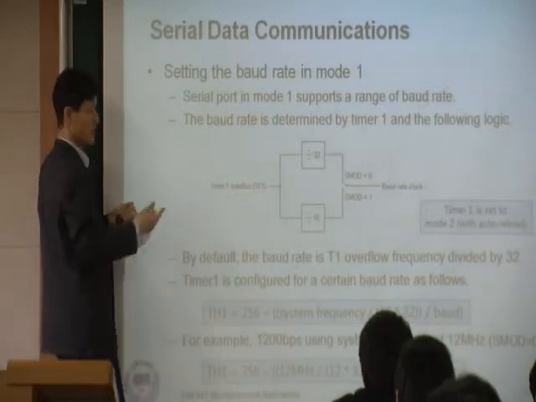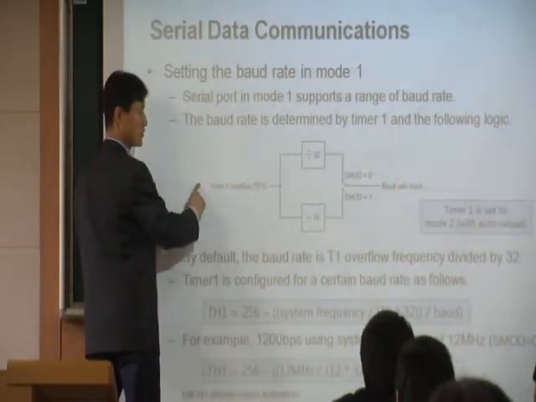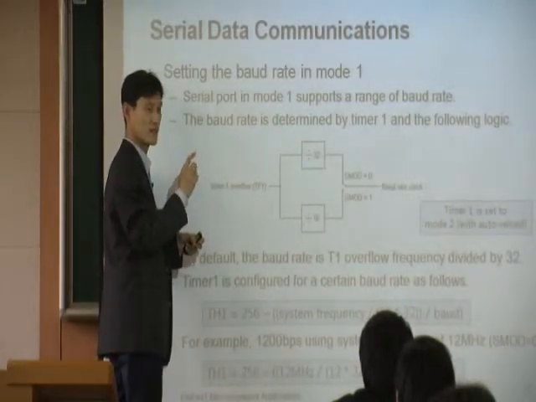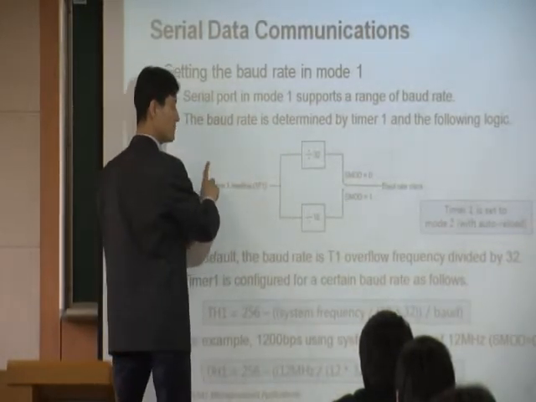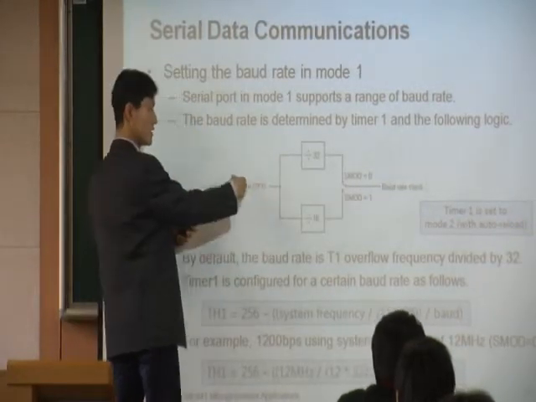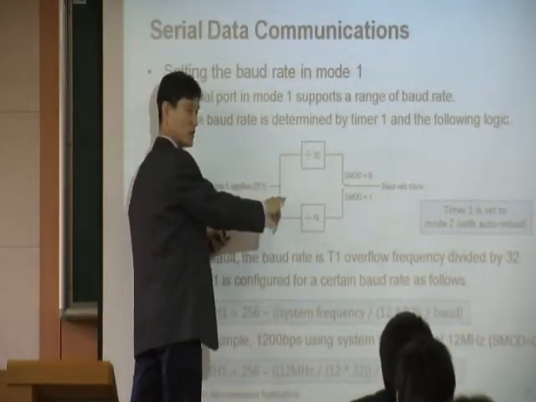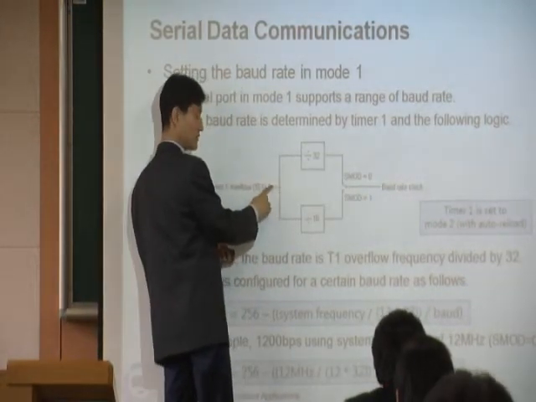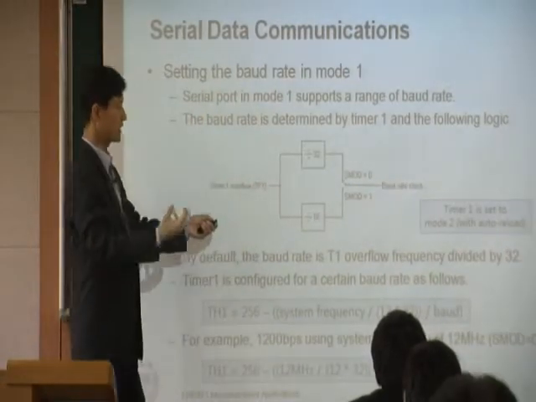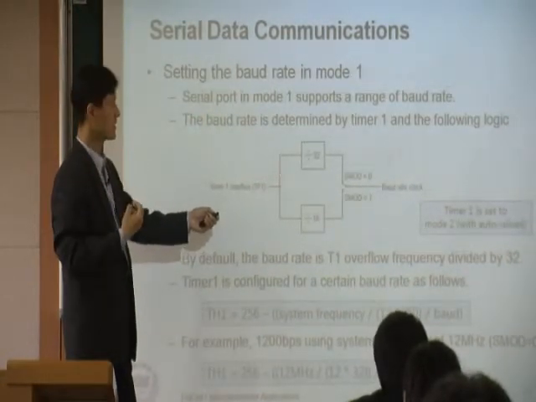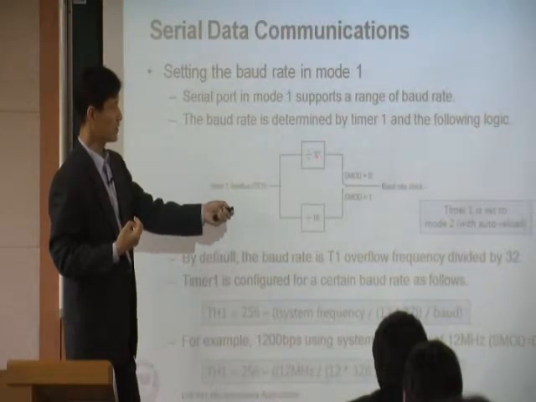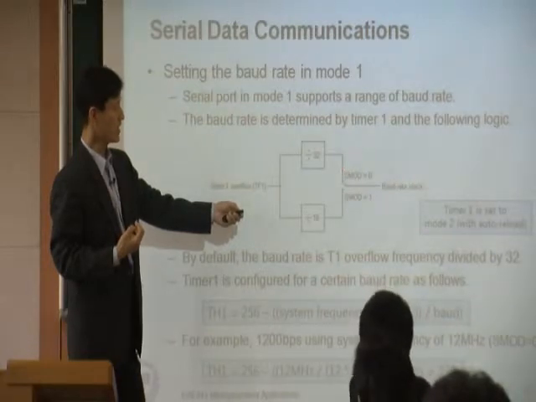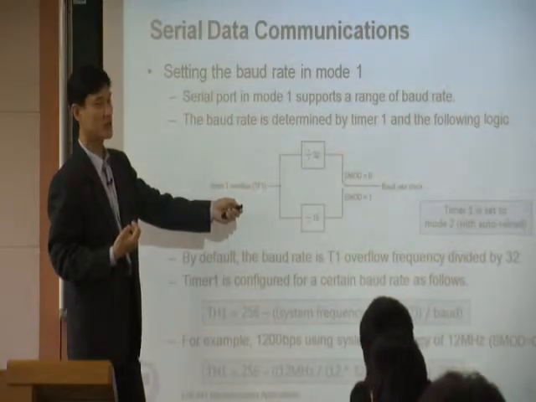So every millisecond I have an overflow, and 1 millisecond later, I have another overflow. In that case, right here, you get overflow in every millisecond. But since you are dividing by 32, right here you are getting a pulse in every 32 milliseconds.